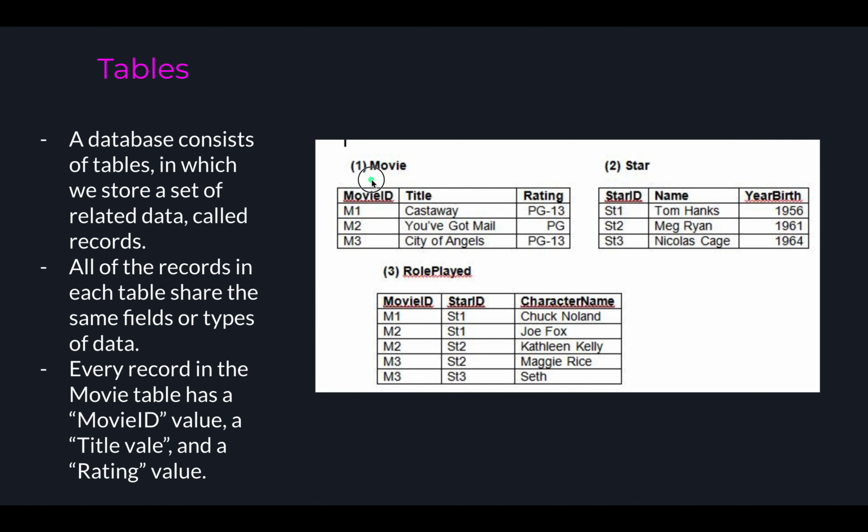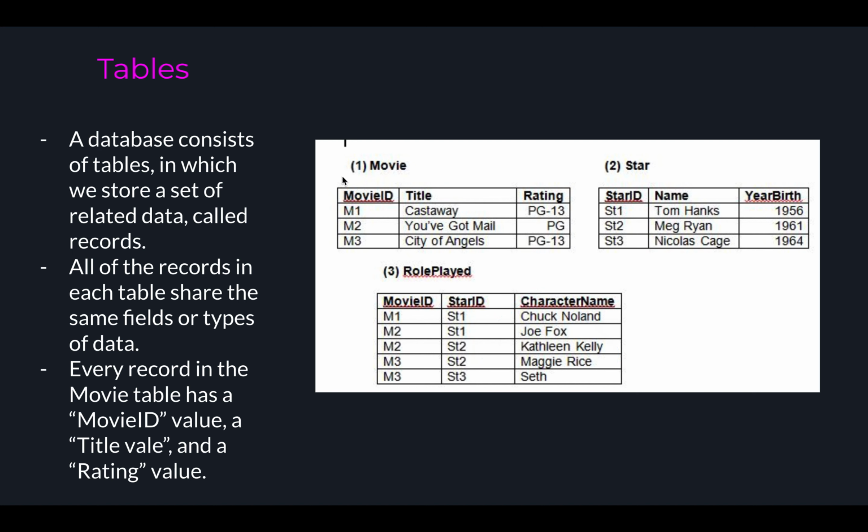Here we have a table called movie, a table called star, and a table called role played. Tables are basically different collections of specific types of information. So for example, right here, we have a collection of information related to movies. Here we have a collection of information related to film stars. And here we have a collection of information related to the role played by different characters.